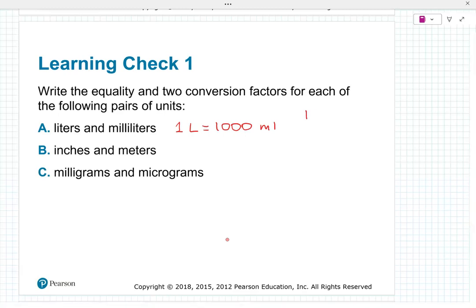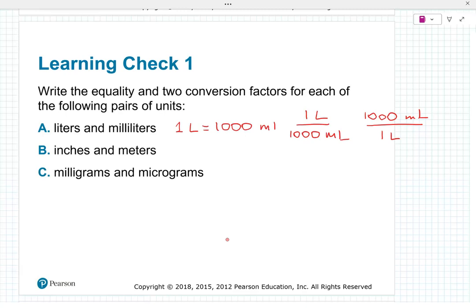So we can say that 1 liter contains 1,000 ml, or that 1,000 ml contain 1 liter. Okay? If you have a question like which one should we use, just keep it on the back burner.